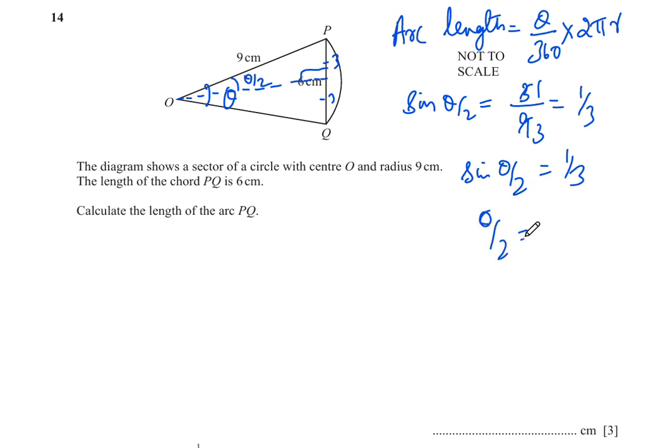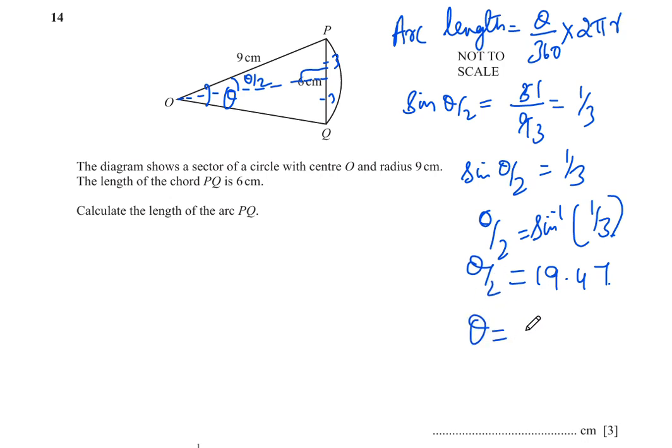Then theta by 2 is equal to sine inverse of 1 by 3. Use your calculator and find the value of sine inverse of 1 divided by 3, which is 19.47, and this is theta by 2.